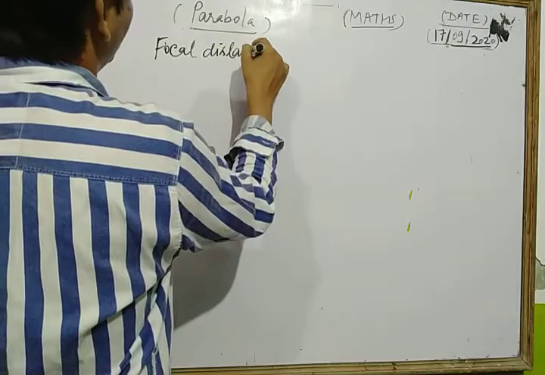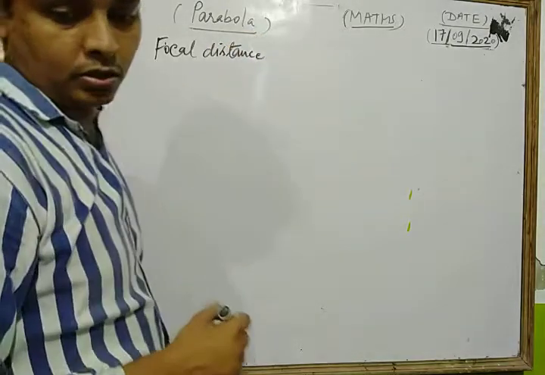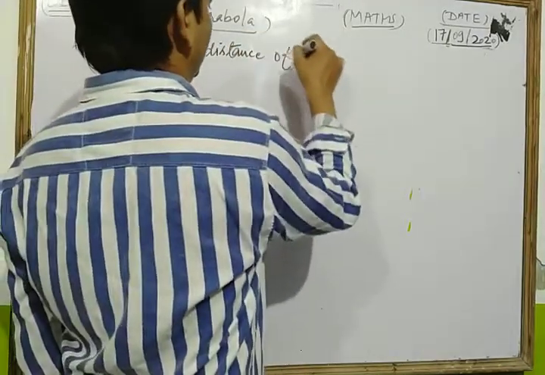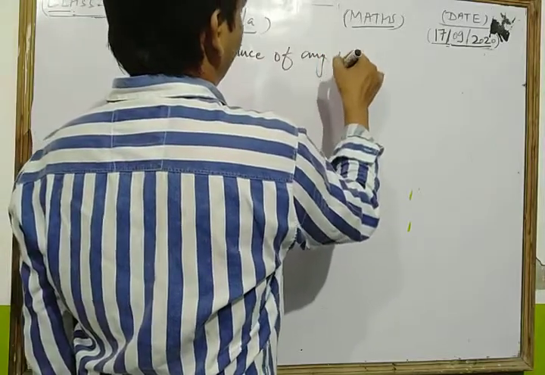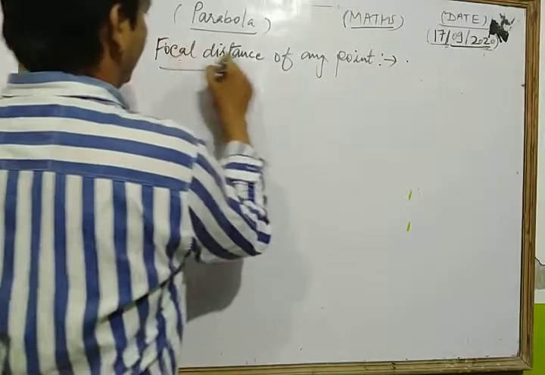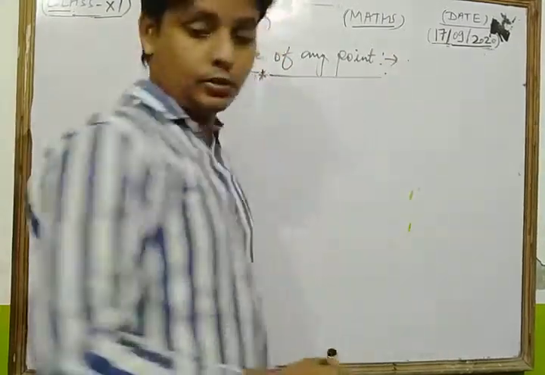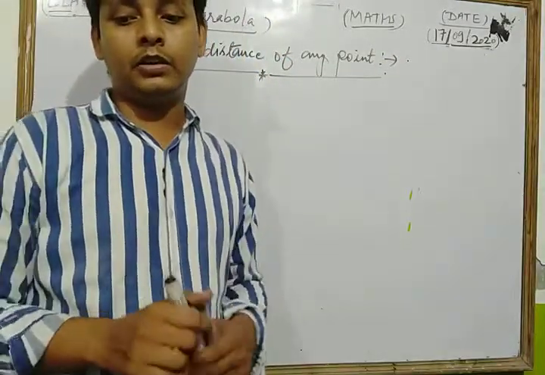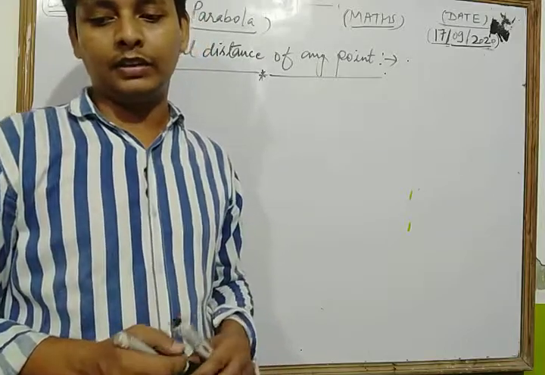Focal distance of any point. Let's see. Dear students, the distance of P(x, y) from the focus is called the focal distance.